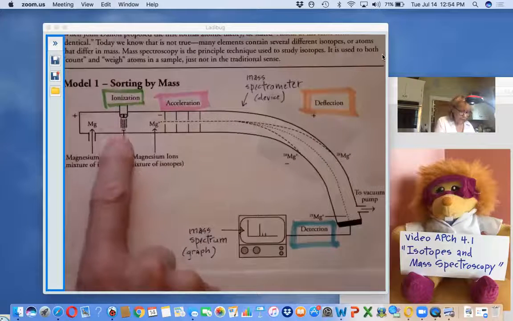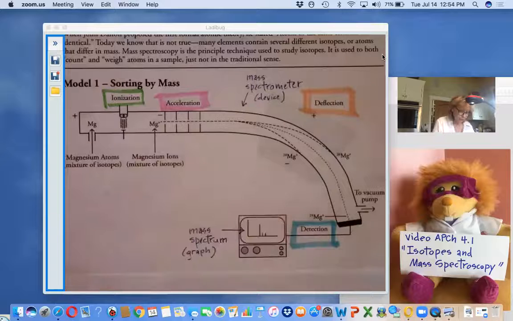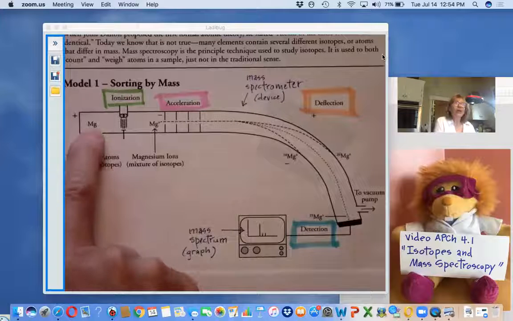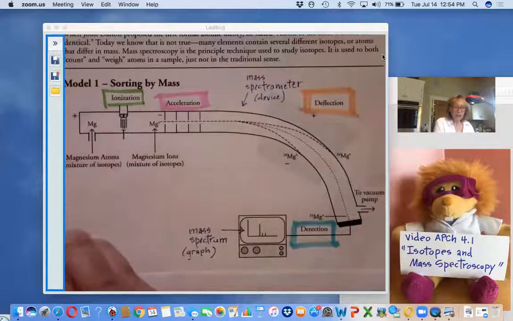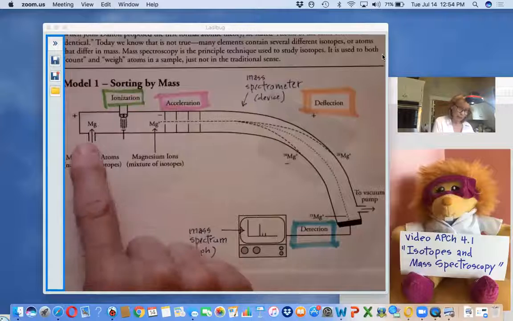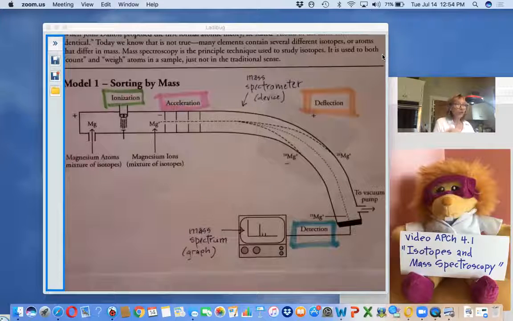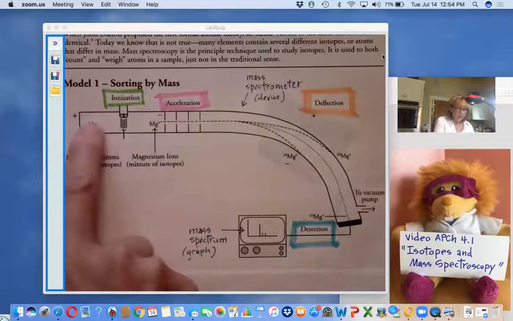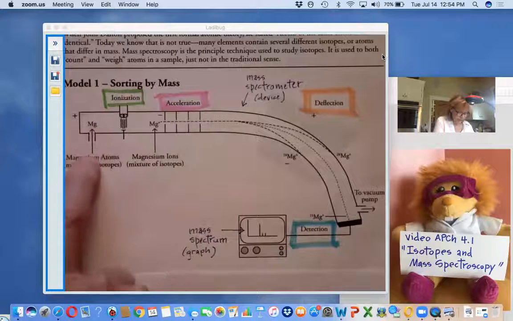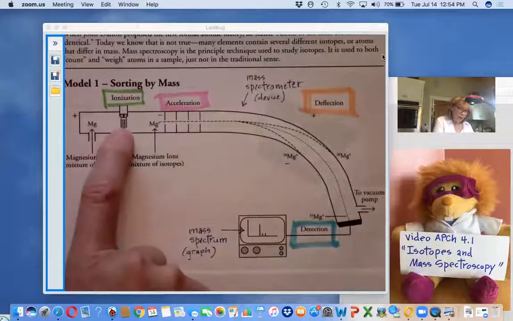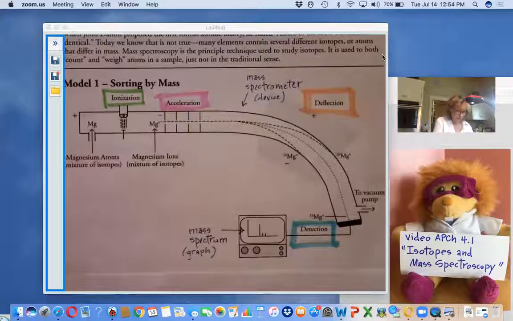Okay, so that process which removes an electron from each atom is not going to alter the mass of each of those atoms. The mass of an electron is about 2,000 times smaller than the mass of a proton. So it's sort of like me hoping to lose a little weight by trimming my bangs. Okay, it's inconsequential.